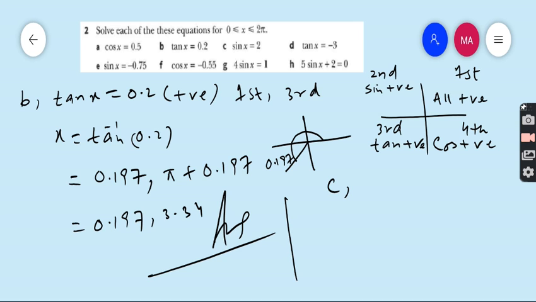Come to part C. Part C is sine x is equal to 2. Then x is equal to sine inverse 2.